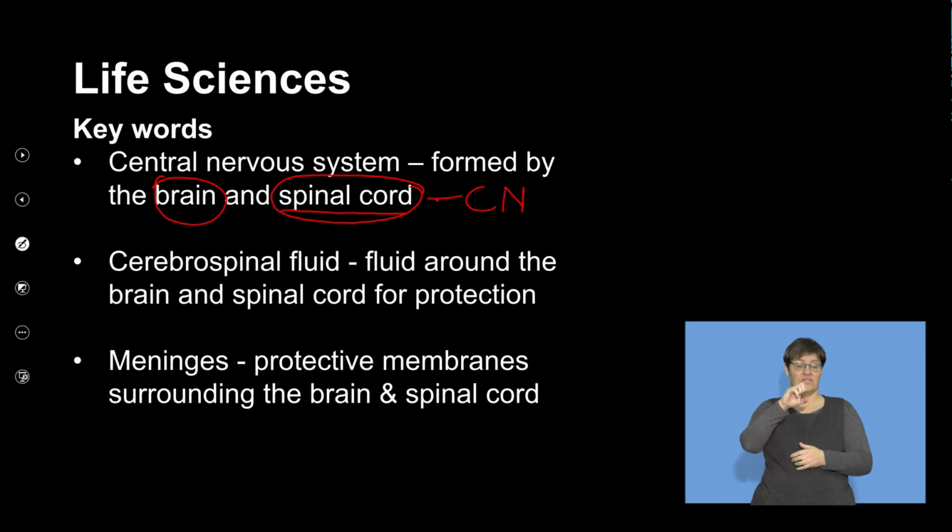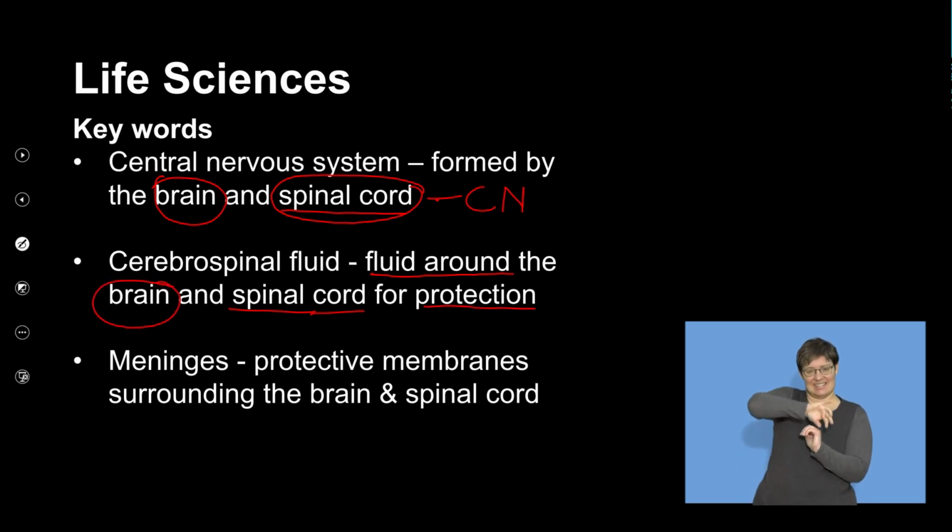Then we've got cerebrospinal fluid, the fluid found around the spinal cord. It also protects the spinal cord and the brain, which means the cerebrospinal fluid is a protective layer around the brain and the spinal cord.